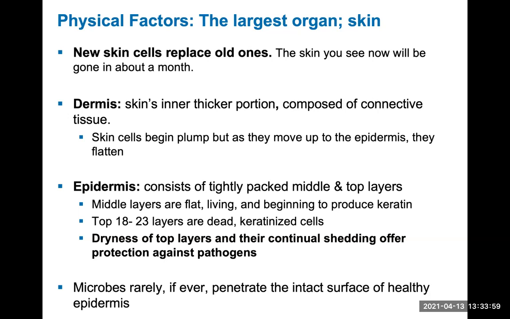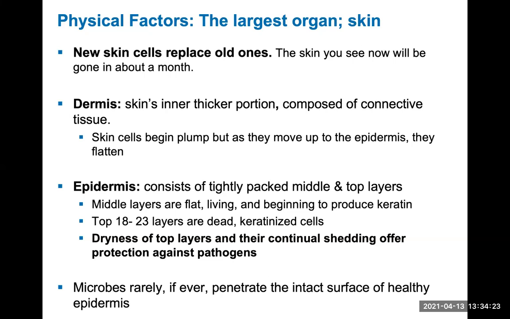Keratin is very important. It's a protein. It helps keep your skin dry and very tough, right? Tough is on the microscopic level, not so much what we tend to think of.